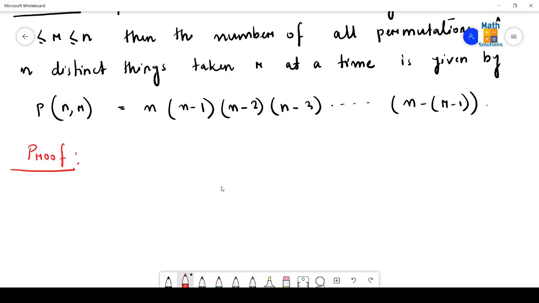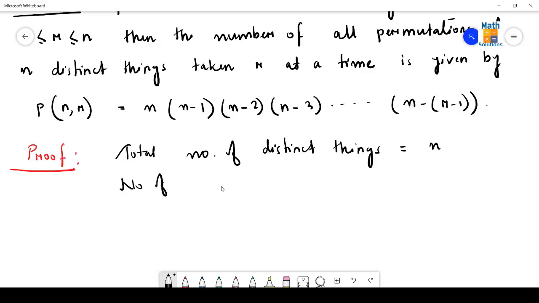So I shall mention that the total number of distinct things is equal to n, and the number of things to be selected at a time is equal to r.